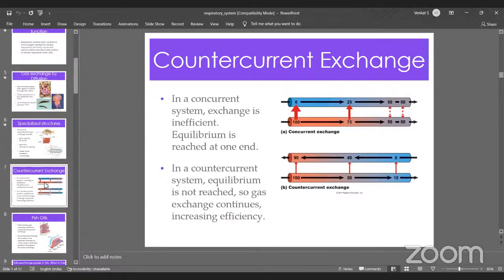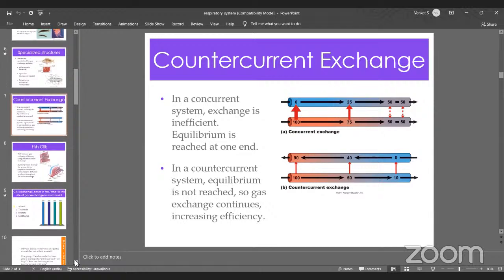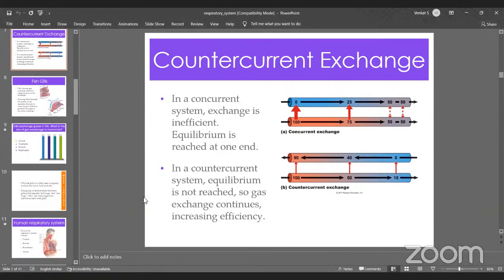Next, countercurrent exchange. What is countercurrent exchange? Observe this structure with a 50-50 ratio: 25 gives to, minus 75, and 75 plus 25 equals 100. This is a countercurrent. In a concurrent system, exchange is inefficient because equilibrium is reached at one end.